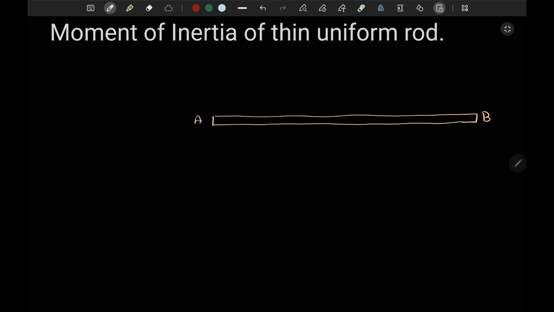We consider the mass of this rod as m. Similarly, the length of this rod is L, and the rod is rotating about the axis y dash.